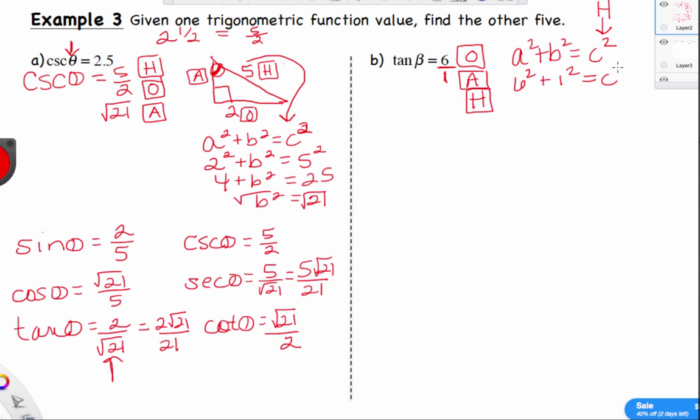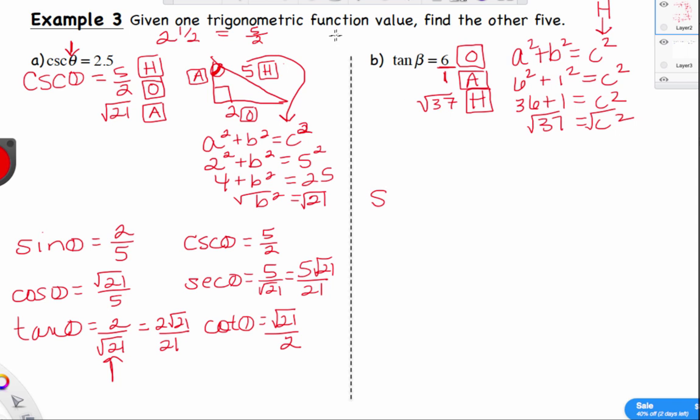Doesn't matter what you make A and what you make B. Your adjacent and opposite are always the legs. And 6 squared is 36. 1 squared is 1. You get 37, and then to solve for C, you're going to square root, and there is our hypotenuse. So we have everything we need to go ahead and build our ratios, aka our function values.